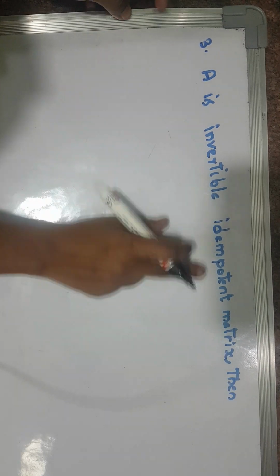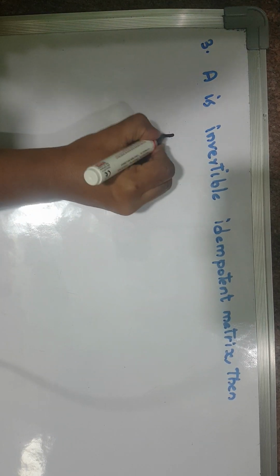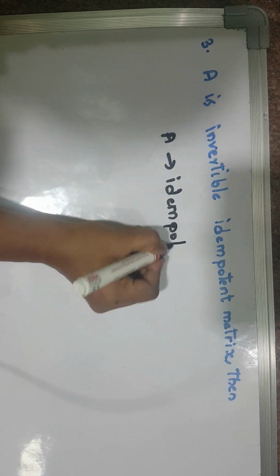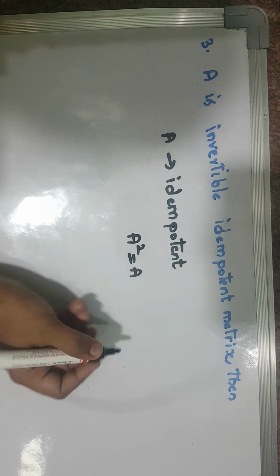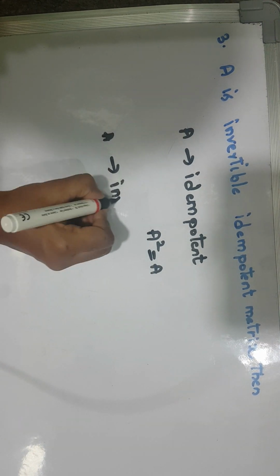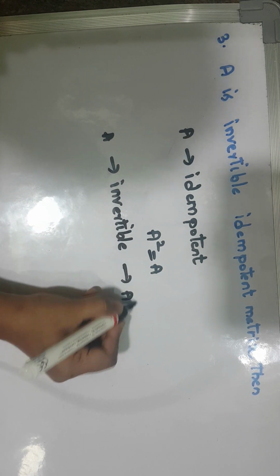A is an invertible idempotent matrix. A is idempotent means A square is equal to A. And also A is invertible, so A inverse exists.